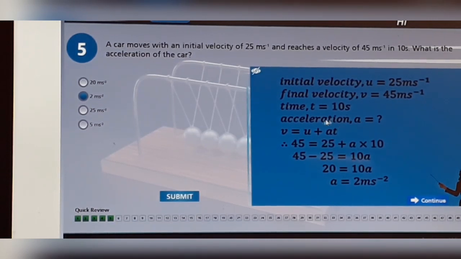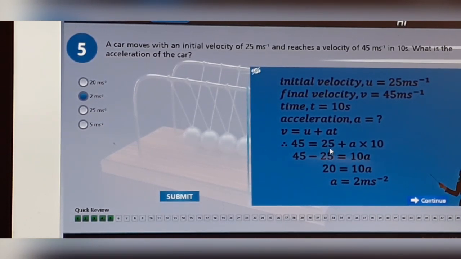We all know that acceleration is a. Alright? So, using this formula, final velocity is equal to initial velocity plus acceleration times time, input our values appropriately. Final velocity is 45, initial velocity is 25, plus acceleration we are looking for, times time, which is 10.